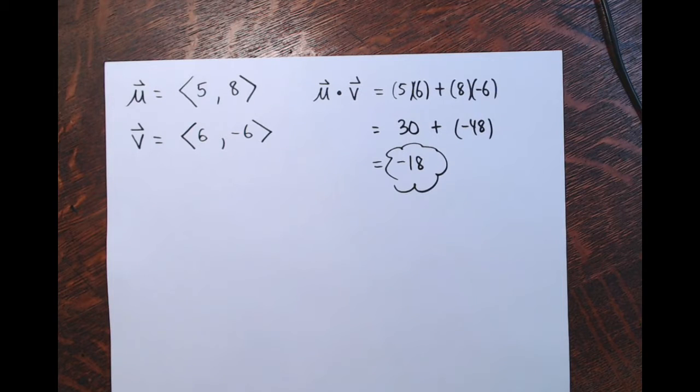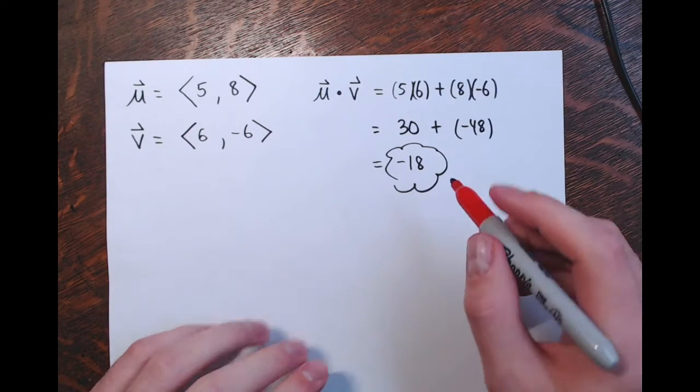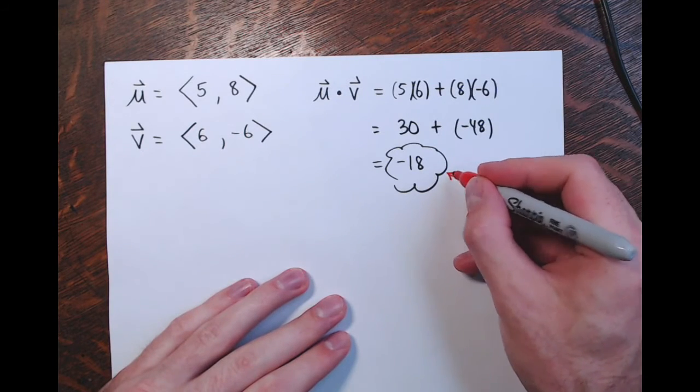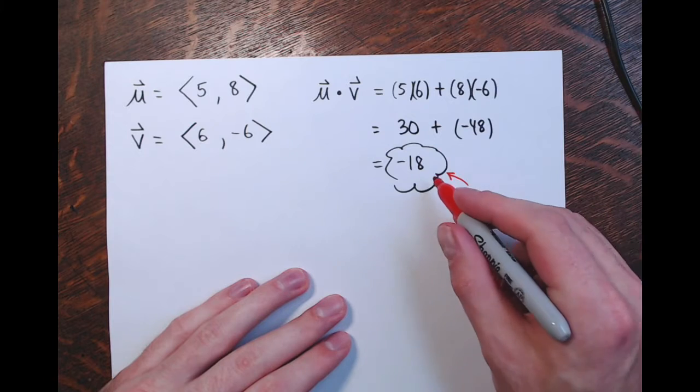Now, this is something I mentioned in the first video, and it's not something that they're really bringing up, but I wanted to point it out. Notice the dot product of these two vectors is negative. That is a negative number.